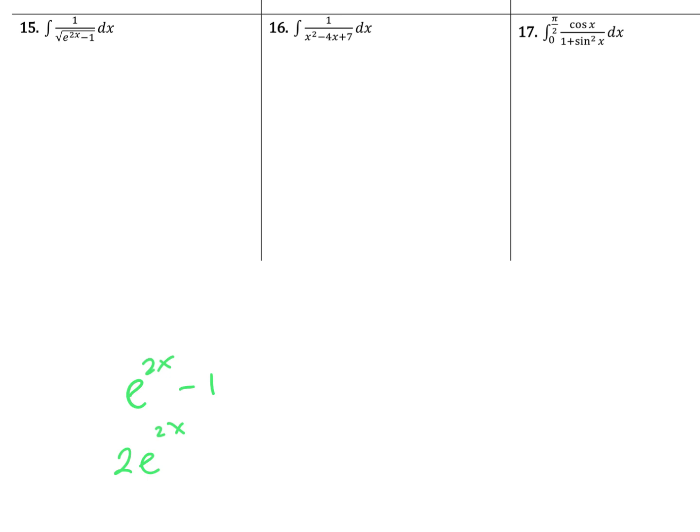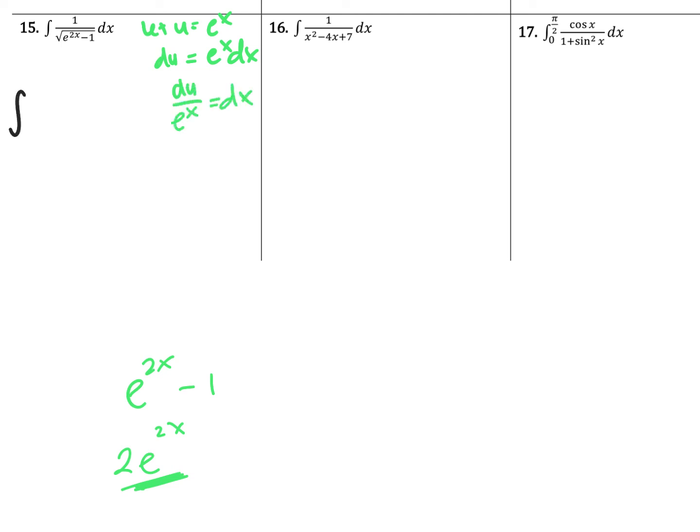So I'm going to see what happens if I just let u equal e to the x. Because if I take the derivative, I'm still going to have something related to e to the x, and there's a square root, that kind of feels like arcsecant a little bit. So I'm going to let u equal e to the x, which means that du is e to the x dx, which means that du divided by e to the x is dx.